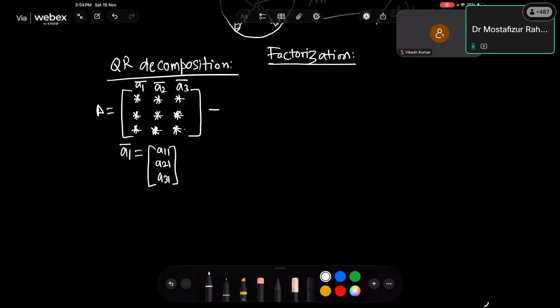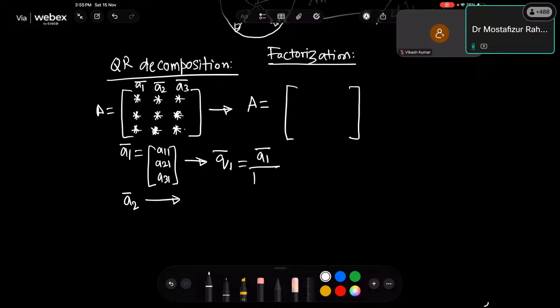Now, I can always break any matrix A this way. I can normalize this vector. I prepare A1 to some Q1 vector, where Q1 vector is just A1 vector by norm of A1. That means I have normalized this vector, and I get Q1 like this, the first column.